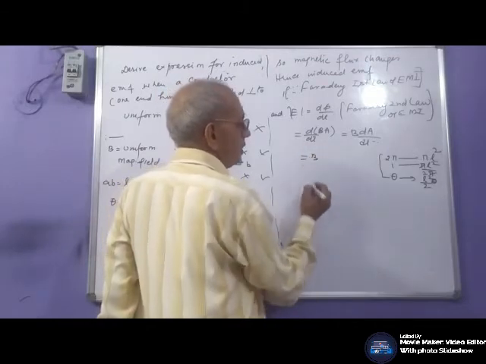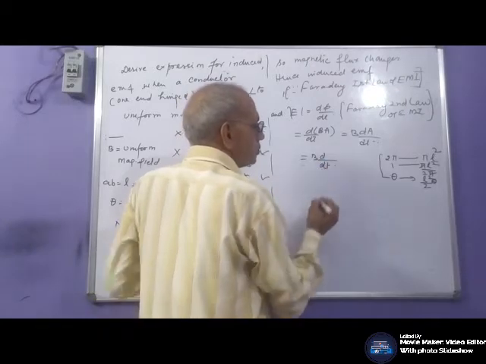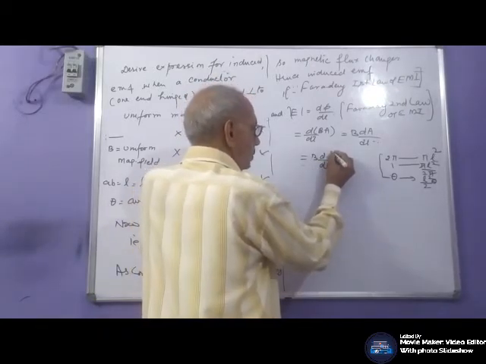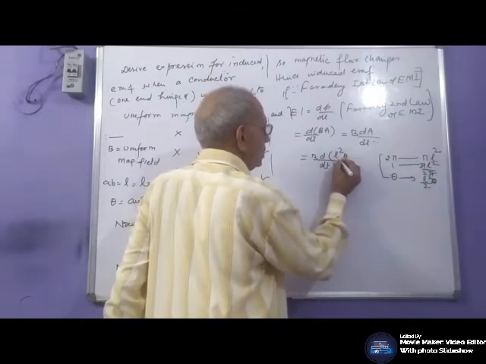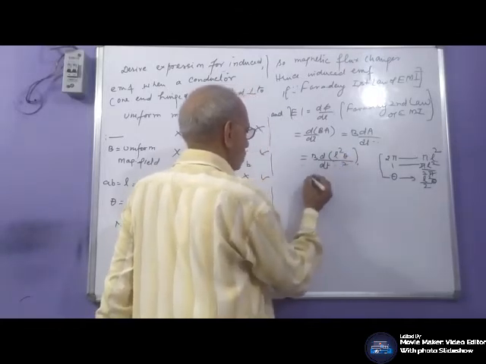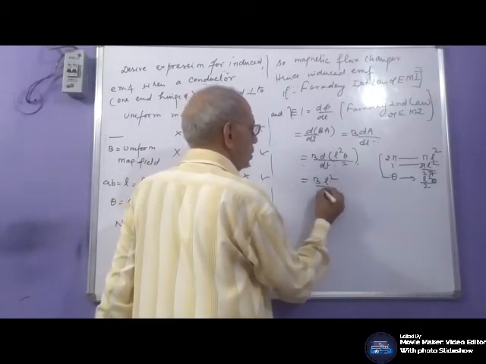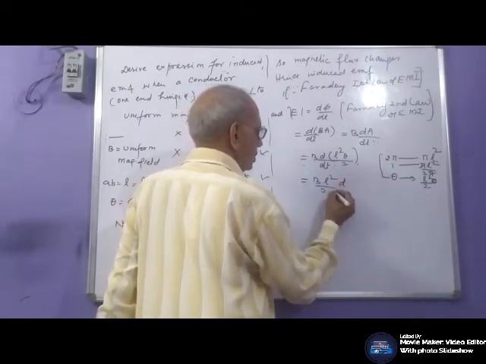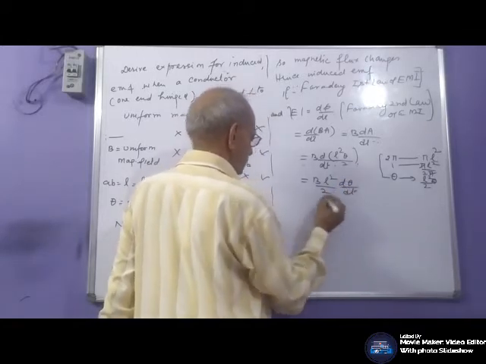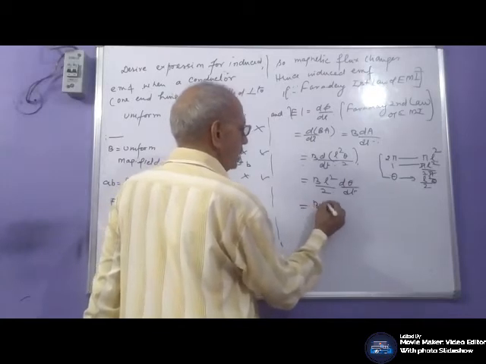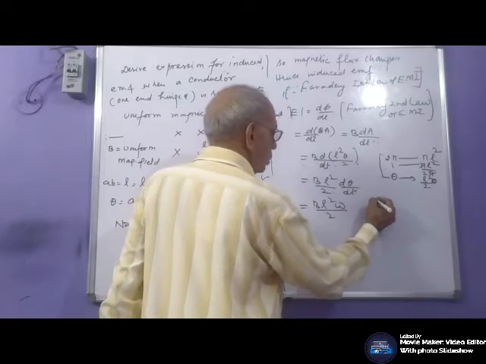It is B d/dt of that area, now L square theta by 2. Constant outside: B L square by 2 times d theta by dt. Or it is B L square omega by 2.